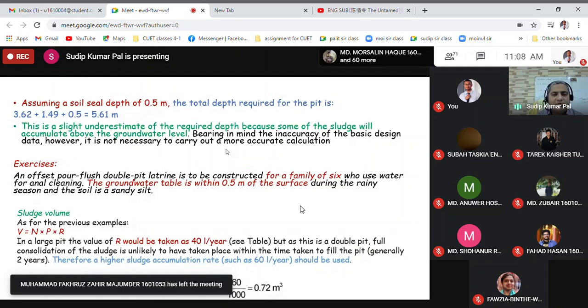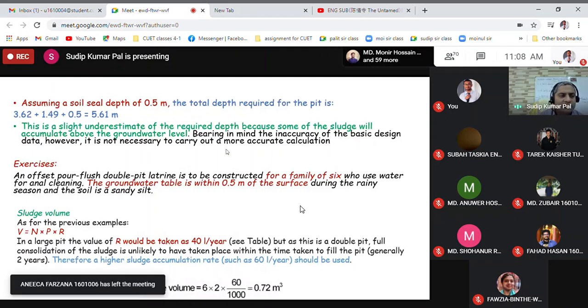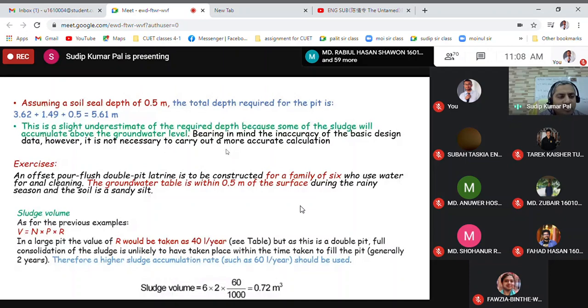Right now it is the time to do another exercise by yourself. As I said, the exercise, as you can see here, with some calculation I have already presented. An offset pour-flush double pit latrine. Pour flush means people use water. It is a double pit, these two pits to be constructed for a family of 6, again 6 people. We use water for anal cleansing, so it's a pour flush.